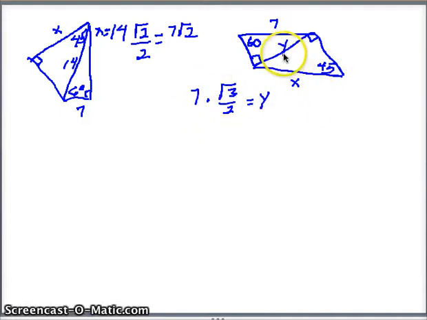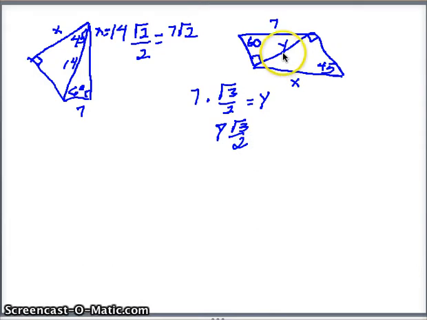Now, in order to find x, we know that on the isosceles triangle, the 45, that side is always the hypotenuse times the square root of 2 over 2. So now I just take y, which is 7 times the square root of 3 over 2.